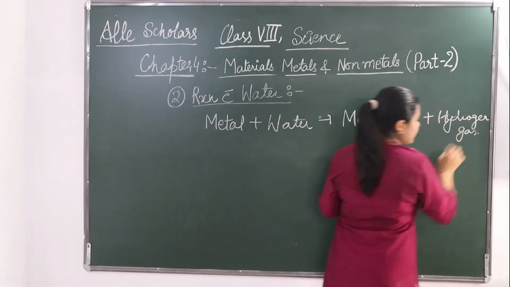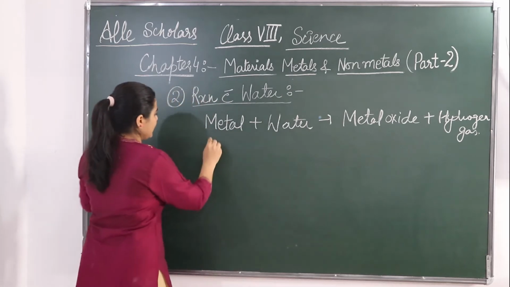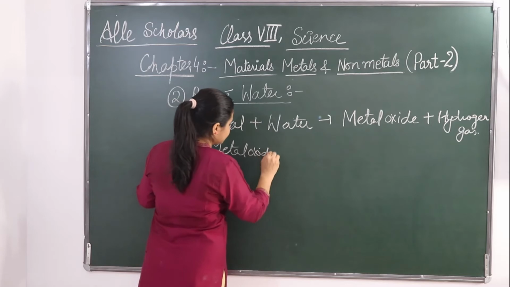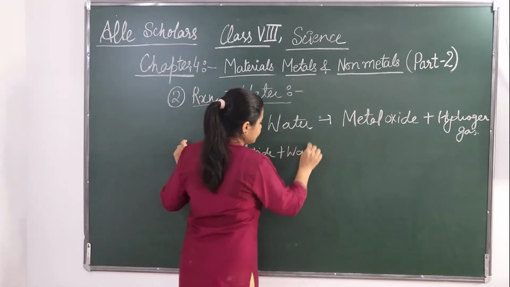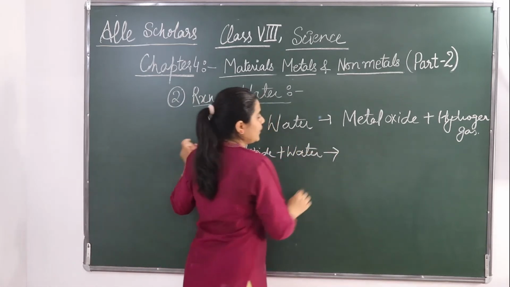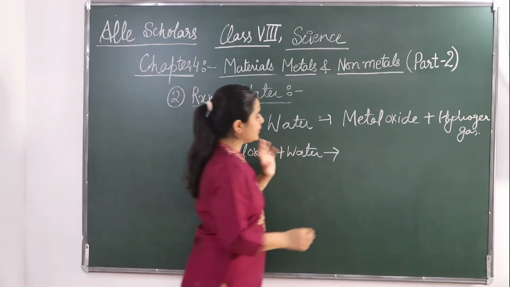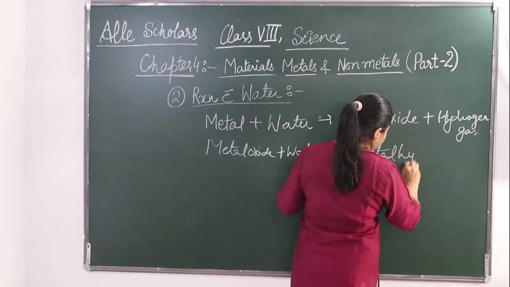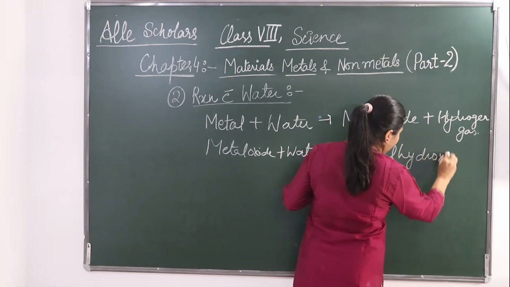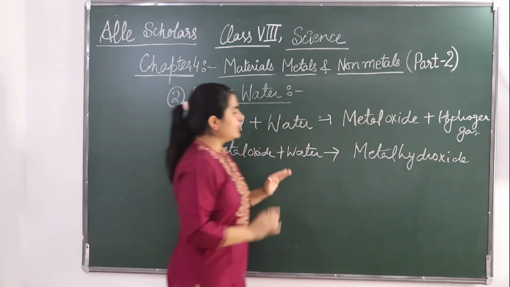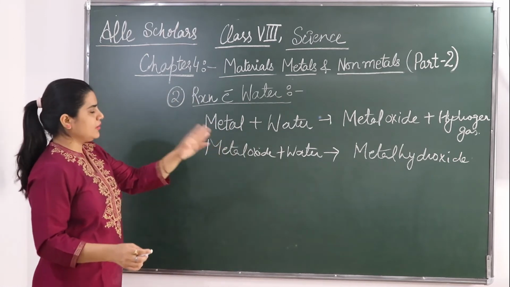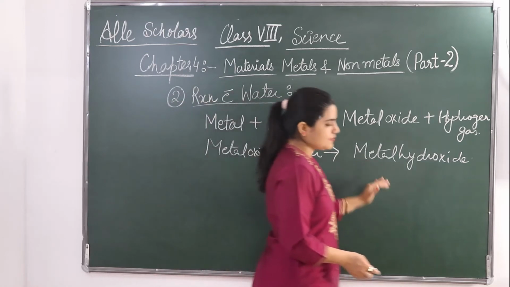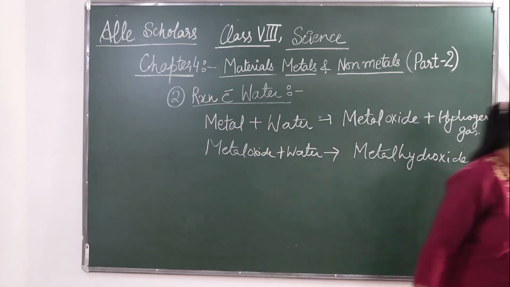And metal oxide plus water is going to give metal hydroxide. So metal plus water gives metal oxide plus hydrogen gas is released. Metal oxide plus water gives metal hydroxide.